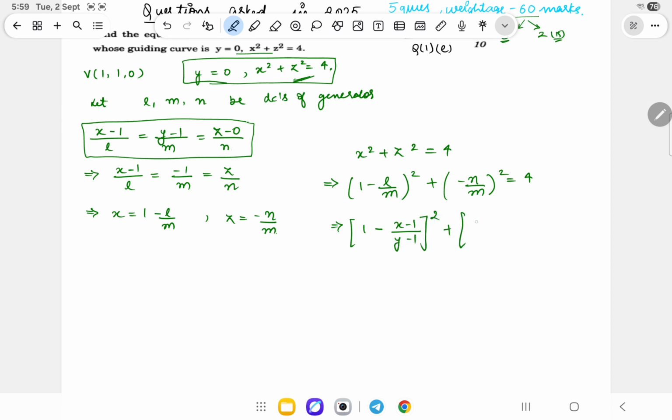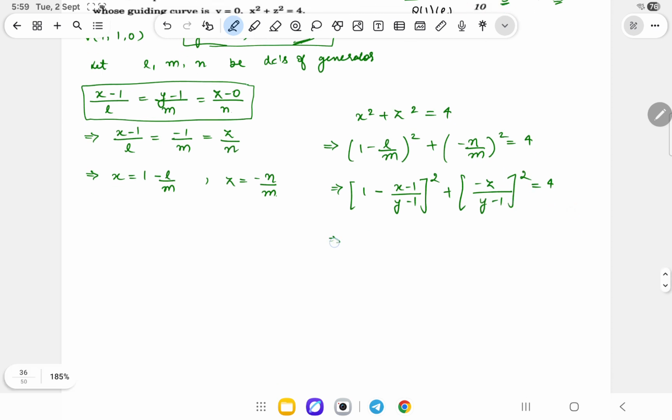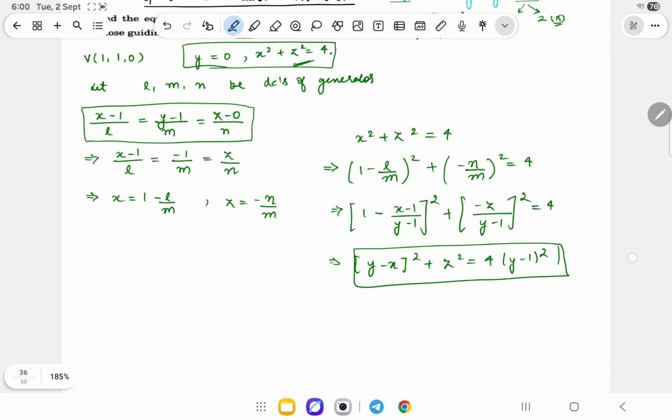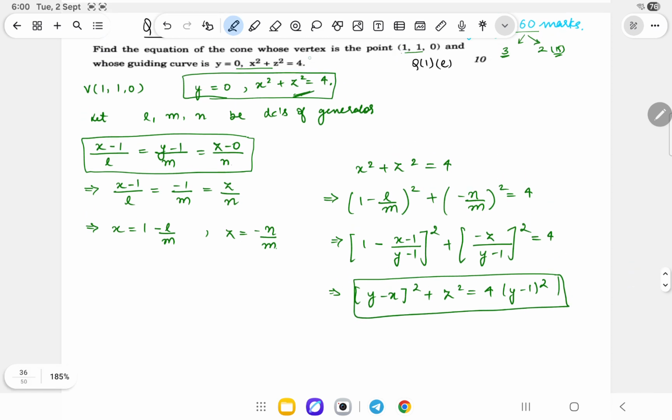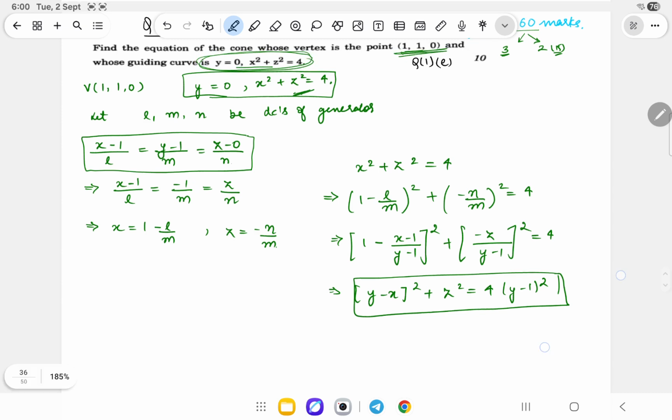Likewise N is z and M is again y minus 1. If I simplify it, it will be (y minus x) square plus z square equals 4 into (y minus 1) whole square. So this is the required equation of the cone which has this as guiding curve and this as vertex.